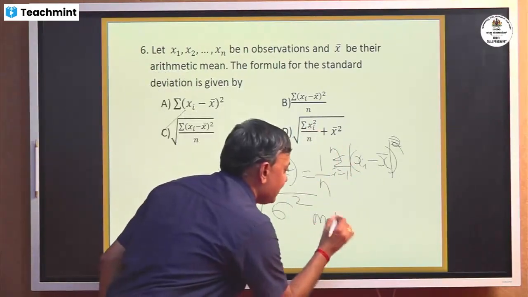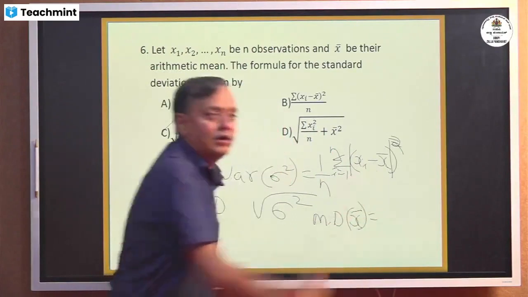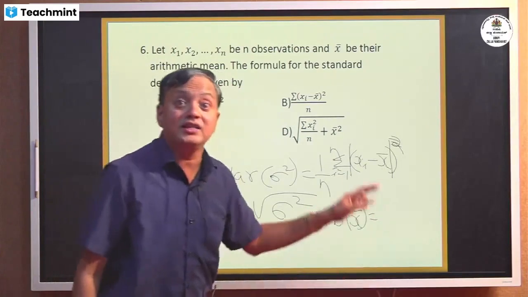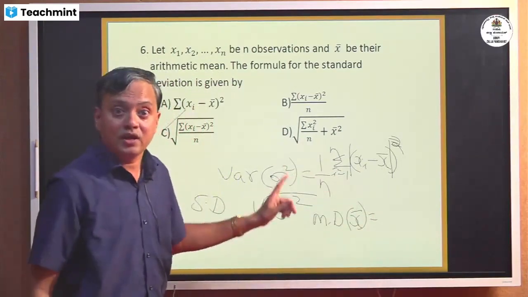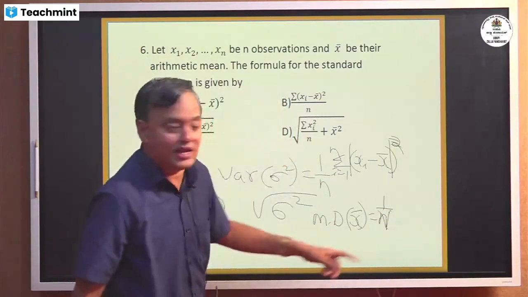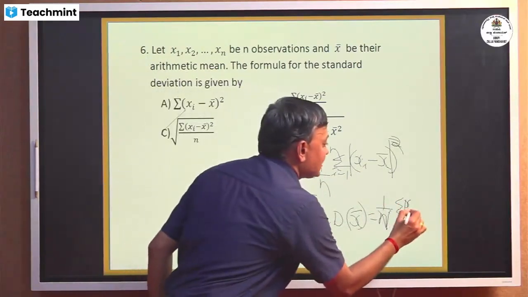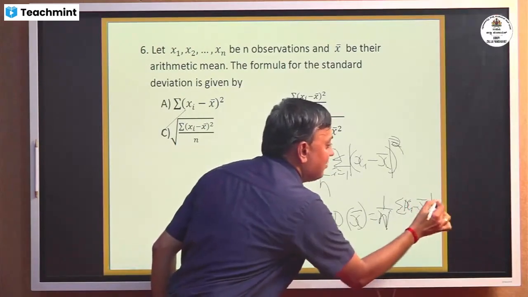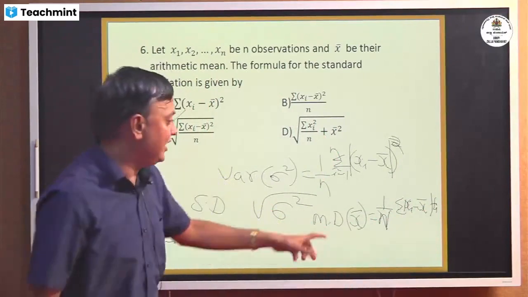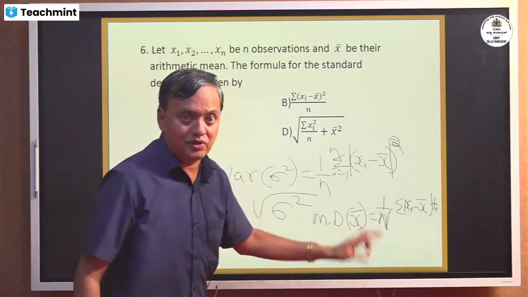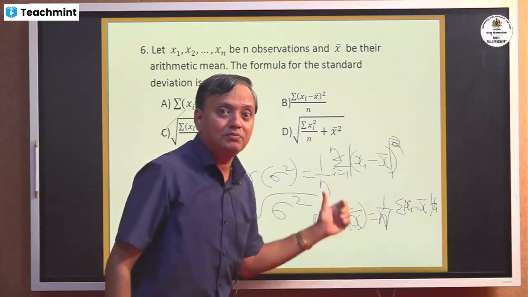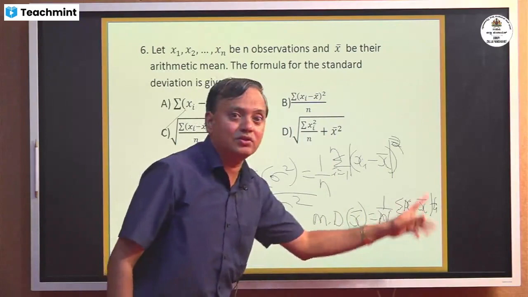Mean deviation from mean in a grouped data, either in discrete frequency or in continuous frequency, formula becomes 1 by capital N, into sigma modulus of xi minus x bar, but into fi. Here fi is frequency, and capital N is the sum of the frequency. This is mean deviation from mean. For mean deviation from median, take out x bar and it should be median.